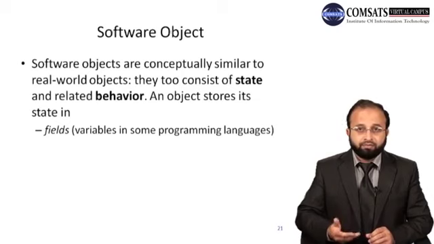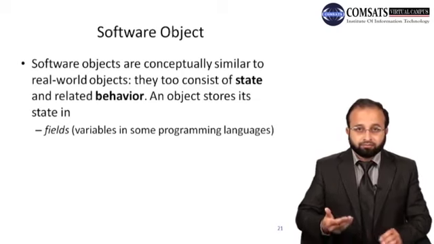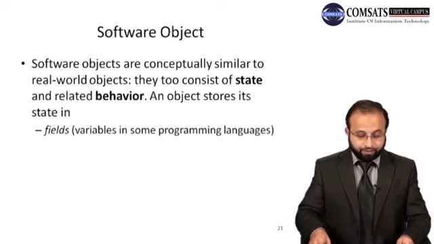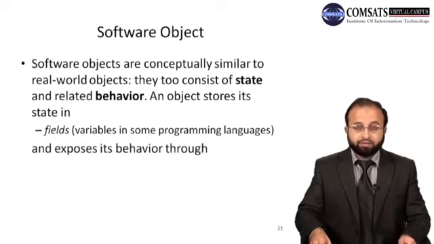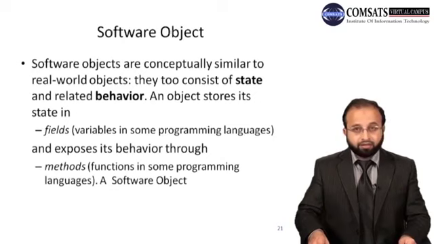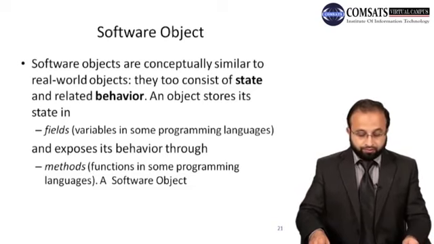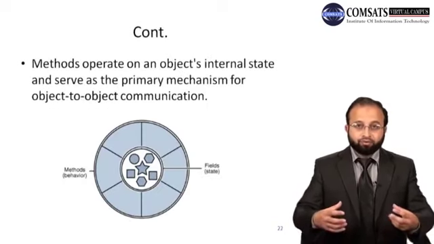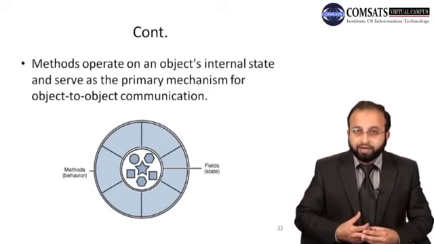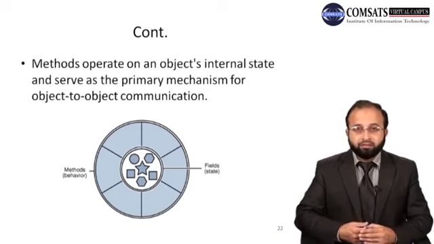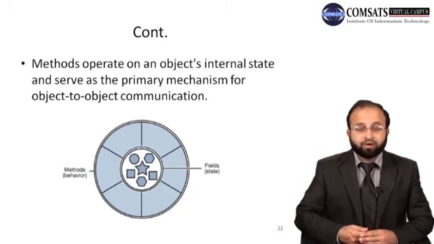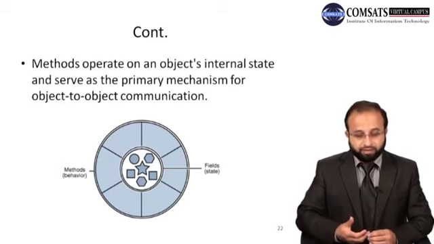Like in C language you have variables, so you represent fields by using variables, and it exposes its behavior through methods, that is functions in some programming language, and in C language it's also a function. So a software object is basically composed of fields or variables and functions. Variables represent the state or attributes of that object, and the functions represent the behavior or capabilities of that object.